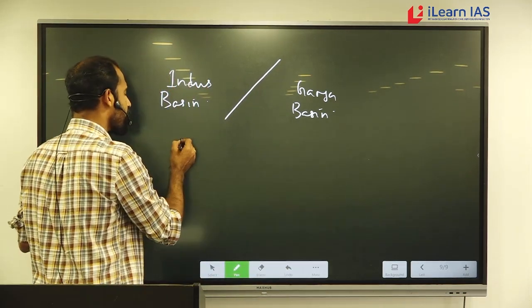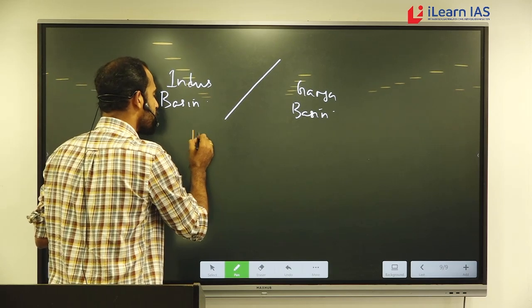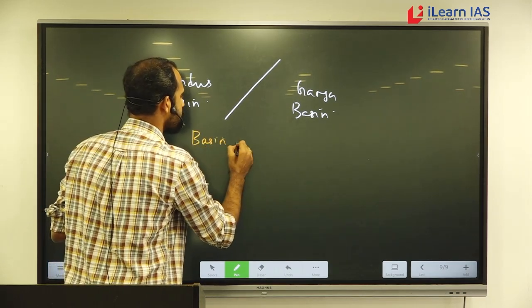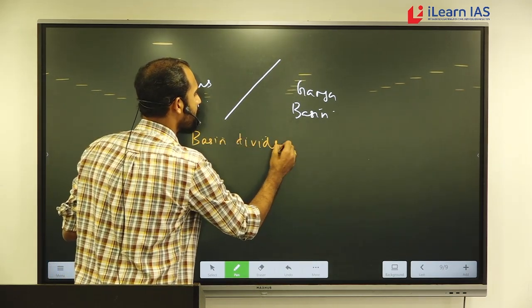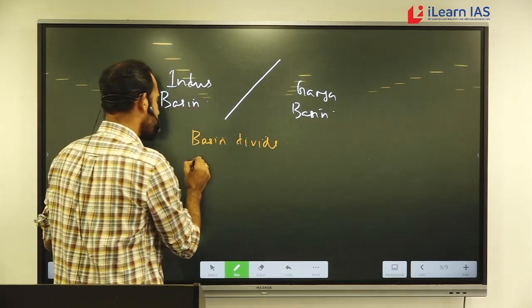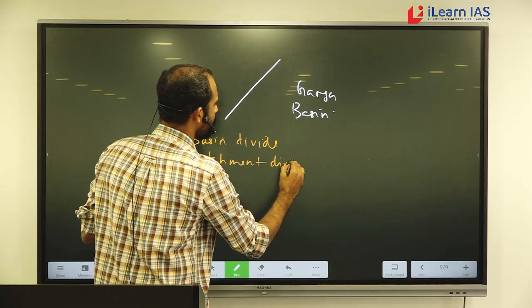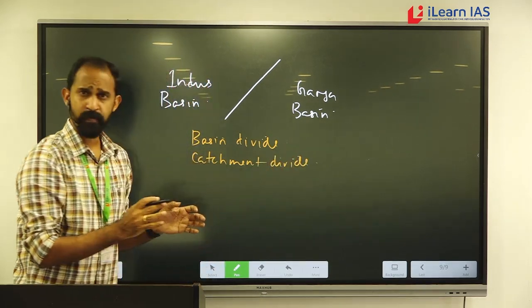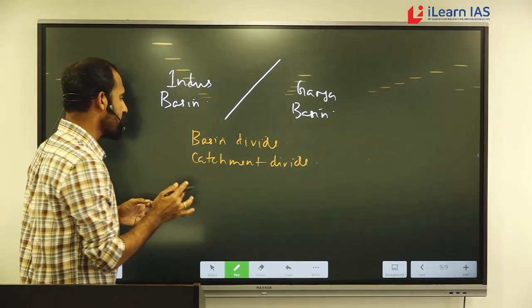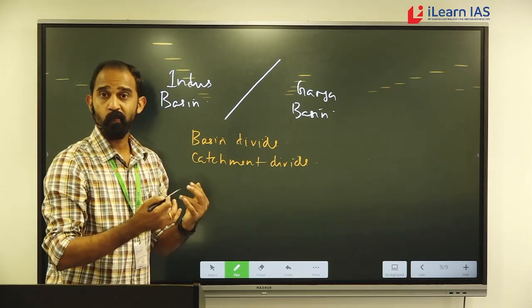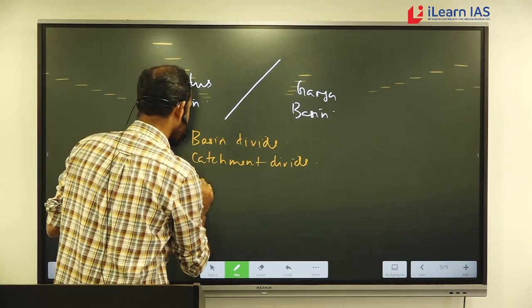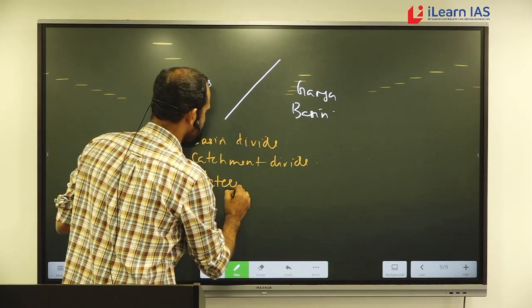Say, for example, we can use the term basin divide. Basin divide has the same meaning as water divide. Similarly, catchment divide. Then comes a possibility for confusion. The next is not watershed divide, it is rather watershed itself.